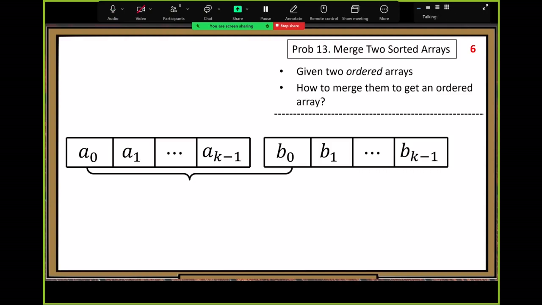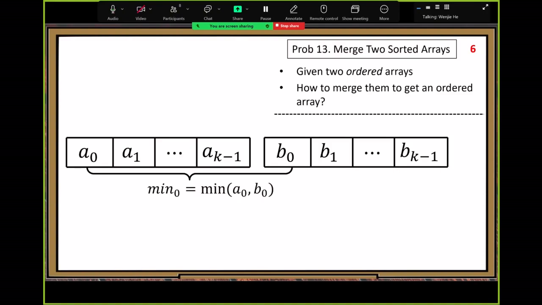When we start, let's take the smallest elements in these two subarrays first and make the first comparison. You get a smaller one and a larger one.